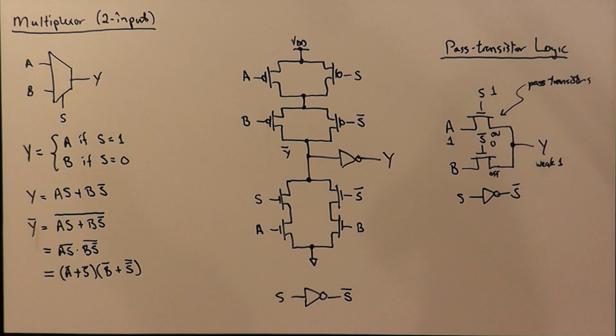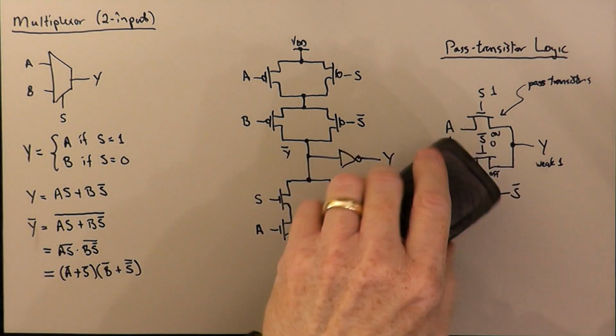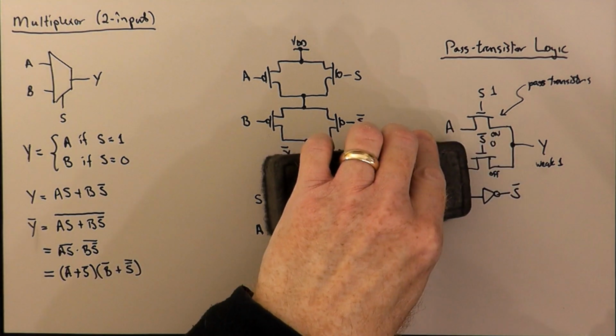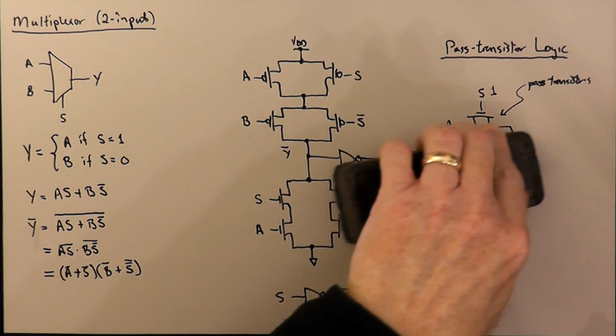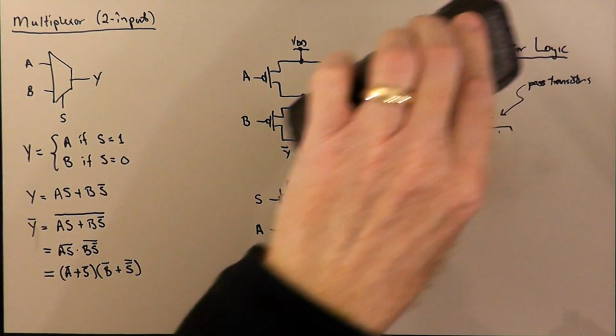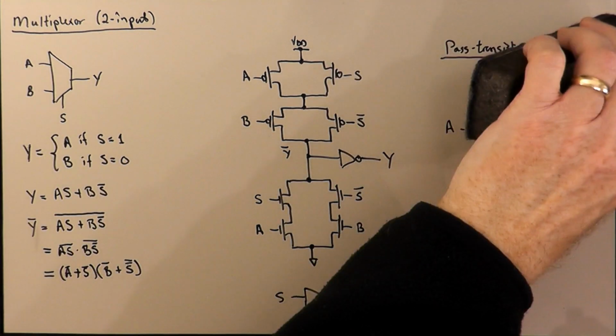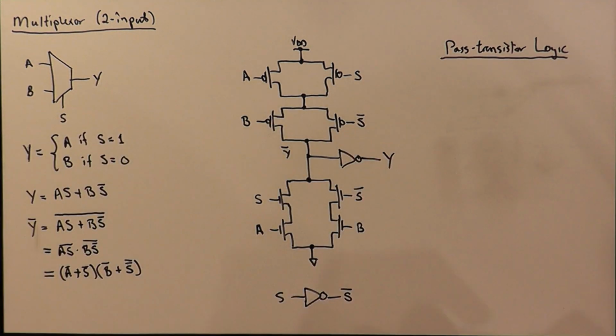So what we can do to fix this is to basically put an NMOS transistor in parallel with a PMOS transistor. Right? So let's suppose we have, actually I'm going to just erase that.